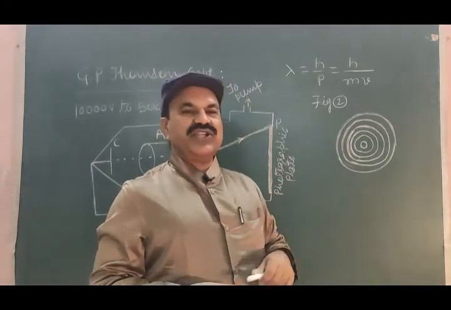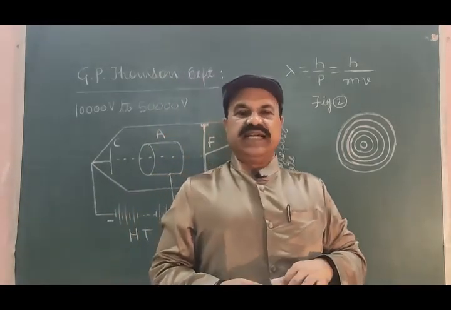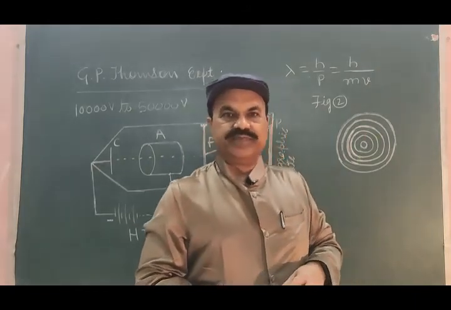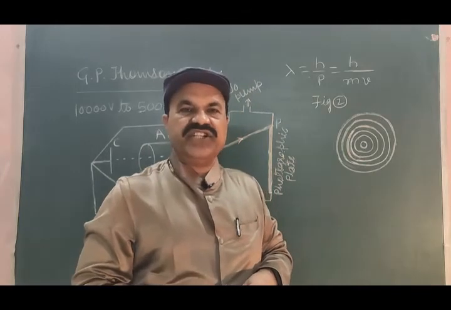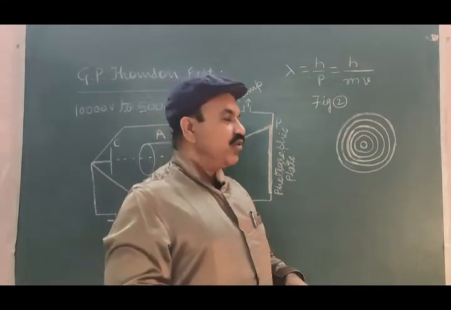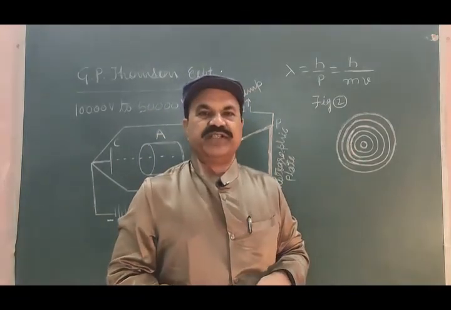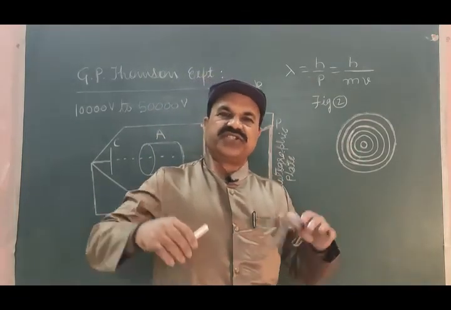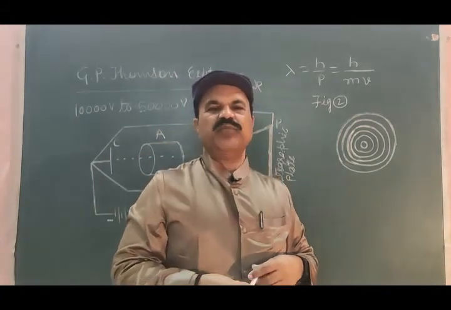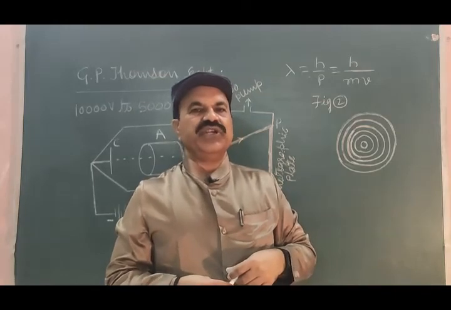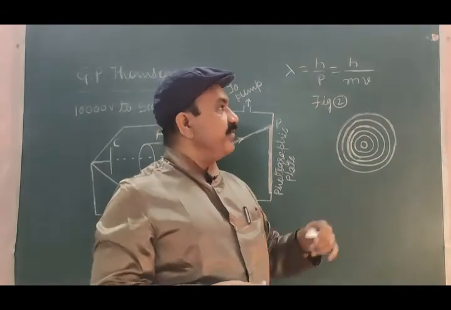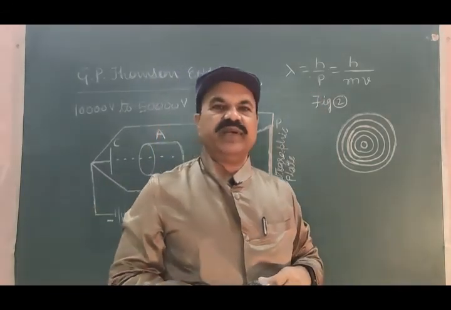And this calculation again proved that this pattern is because of the energetic electrons, and the wavelength of electrons found using this diffraction pattern is in good agreement with the wavelength of the electron found using the de Broglie equation, lambda is equal to h by p, or h divided by mv.